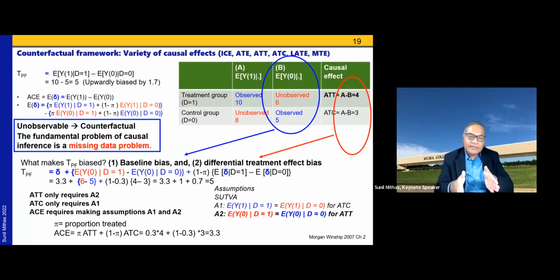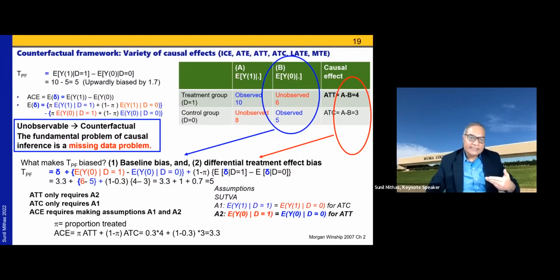You will never have the data on the same individual when he has an MBA, what his compensation or salary is, and on the same individual if he did not have an MBA, right? So there is no way to compute individual causal effect for any individual ever.